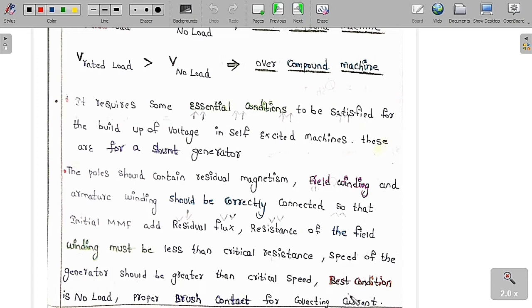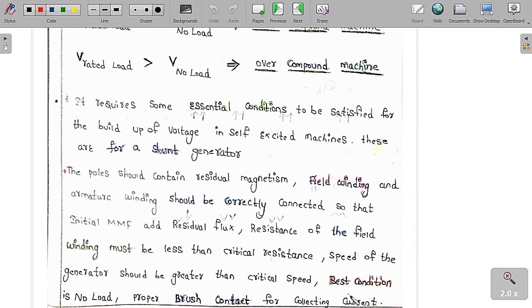So these are the essential conditions required for building up of voltage in self-excited machines in the DC shunt generator. Initially the pole should have some residual magnetism, and the field winding and the armature winding should be connected in such a manner that the initial MMF adds to the residual flux.